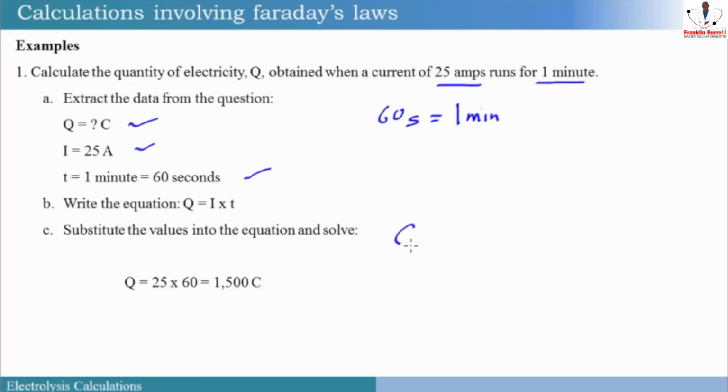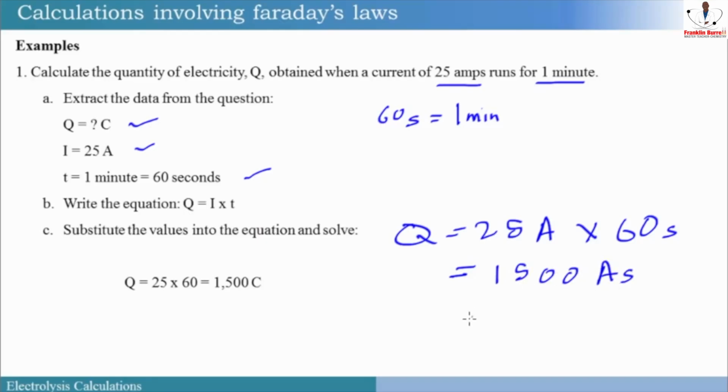And so Q is equal to 25 amperes times 60 seconds. And so when you multiply 25 amperes by 60 seconds, you get 1,500 ampere second, which I showed you is the same thing as coulombs. So this is the calculation for finding Q given current and time.